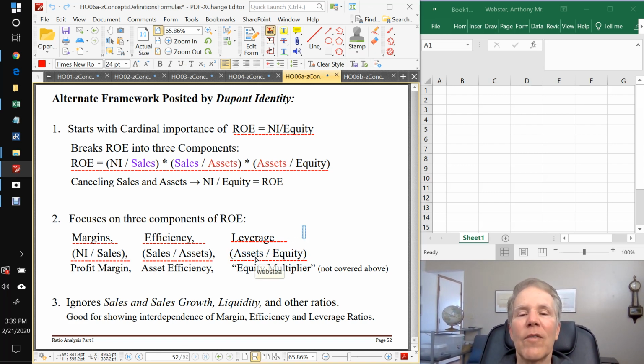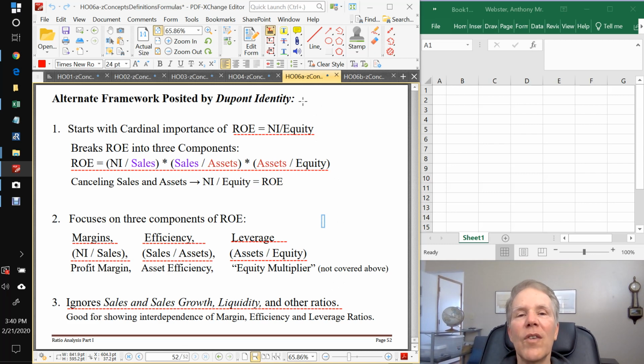So they're measuring leverage by assets over equity, where we've been measuring it by debt over debt plus equity, or debt over assets, something like that. If you measure it this way, it's called equity multiplier. Okay. So what's it ignoring? Well, it's ignoring a lot of the ratios we developed, and it's ignoring sales and sales growth and liquidity entirely. Okay, so that's the story there.